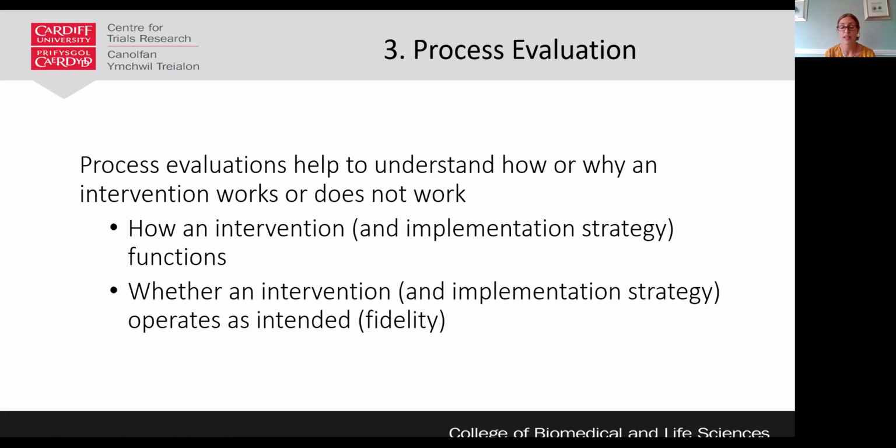It can help understand how an intervention and an implementation strategy functions, and often a logic model might be developed to explain what an intervention sets out to do, and it can then be used to look at whether it actually achieved what it set out to do. Process evaluation can also tell us whether an intervention and an implementation strategy was followed as intended, so it can tell us a bit more about fidelity.